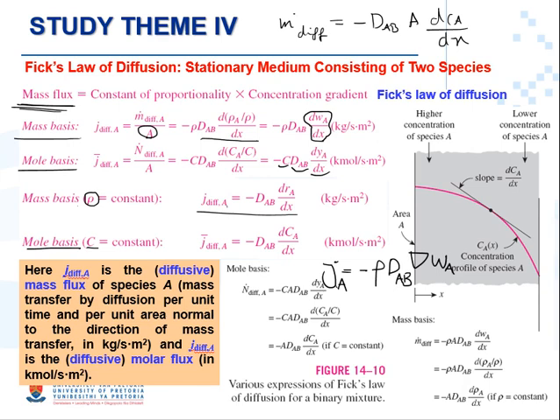You remember that we mentioned mass diffusion is similar to conduction heat transfer, and we call the constant in Fourier's law thermal conductivity. Now we have to define this constant, because we said that it is the diffusion coefficient, but how are we going to calculate it?